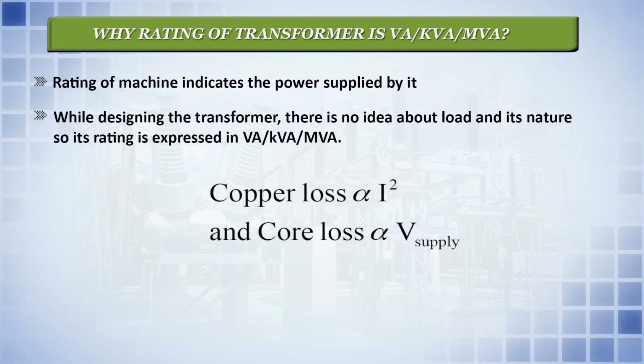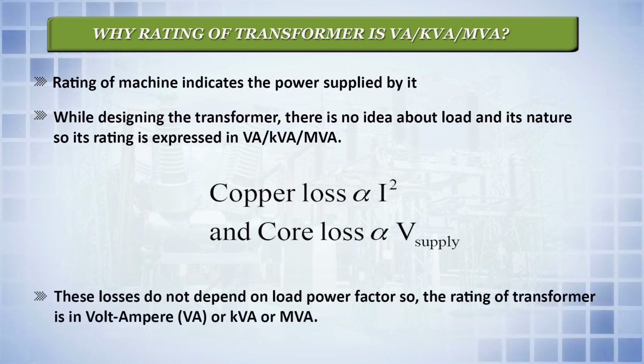Copper losses are directly proportional to the square of the current flowing in the transformer in the primary side or in the secondary side, and the core losses are directly proportional to the supply voltage. So you can notice that these losses do not depend on the load power factor, so the rating of the transformer is given in volt ampere or KVA or MVA.